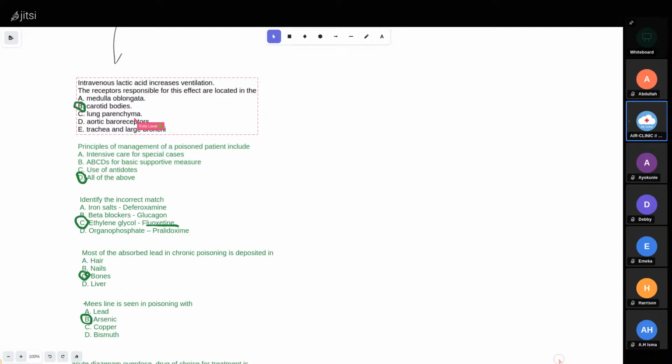What's IRV and what's TV? It's not television. Tidal volume and inspiratory reserve volume. Yes. So you sum that up to get the inspiratory capacity.